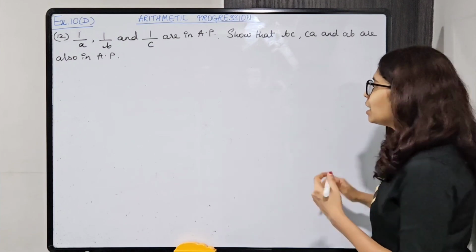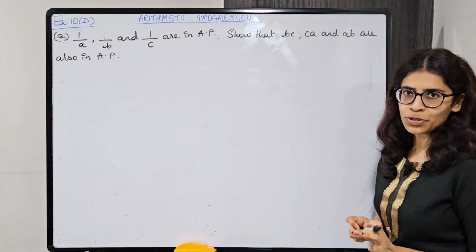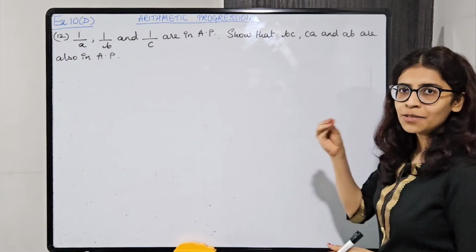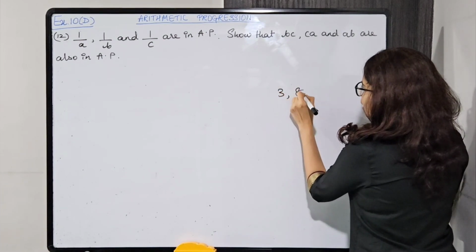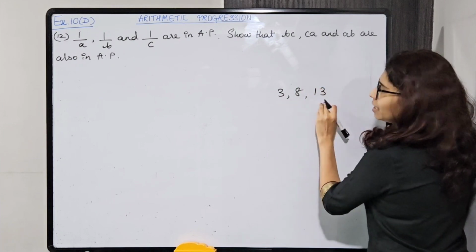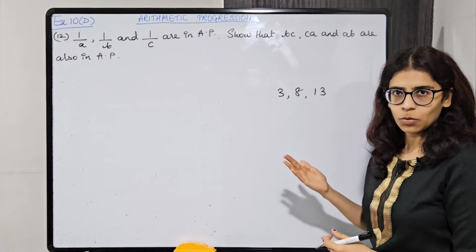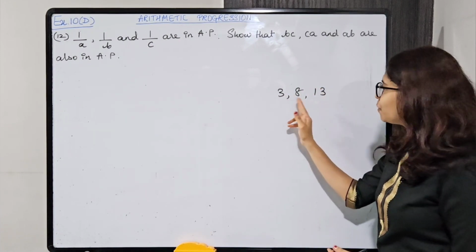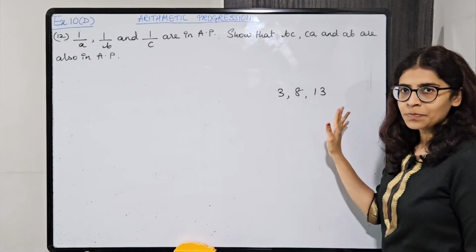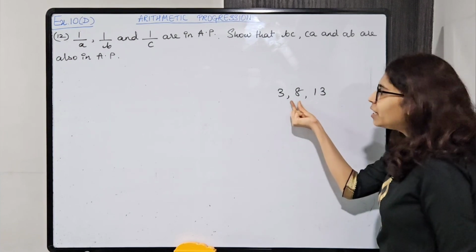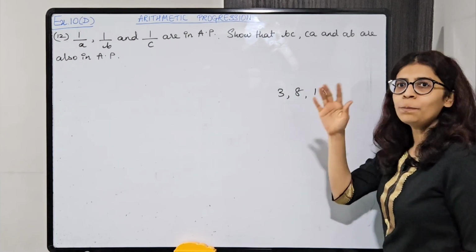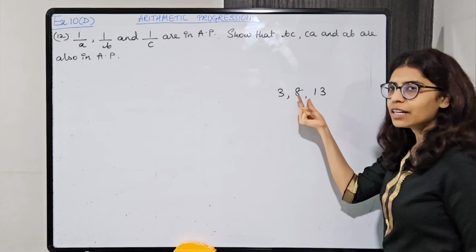So arithmetic mean का फॉर्मूला यहाँ पे यूज करेंगे. ओके, so three terms है. So let's say there is 3, 8 and 13. These three terms are in AP. Okay, ये AP में है. I can say difference is same. ठीक है. So since these three are in AP, then जो मिडिल वाला टर्म है, उसको मीन बोलते हैं.